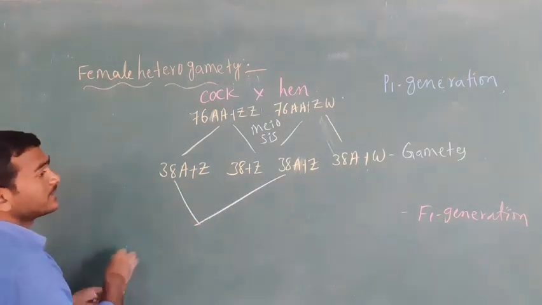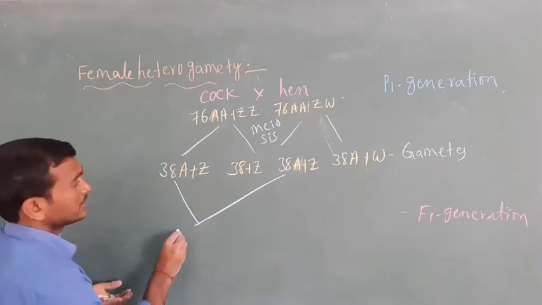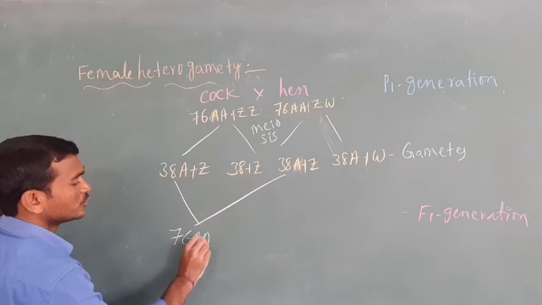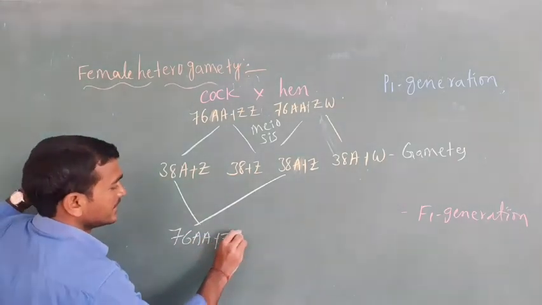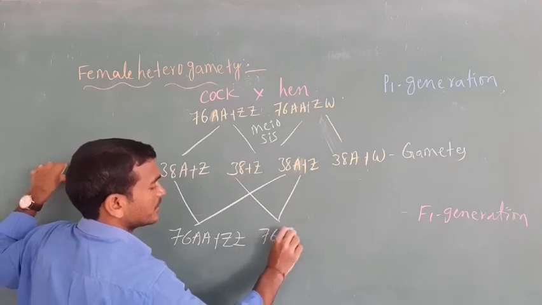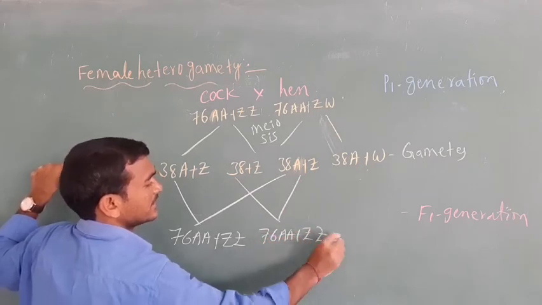Now 38 means the 76 autosomes plus ZZ. Again the 76 autosomes plus ZZ.